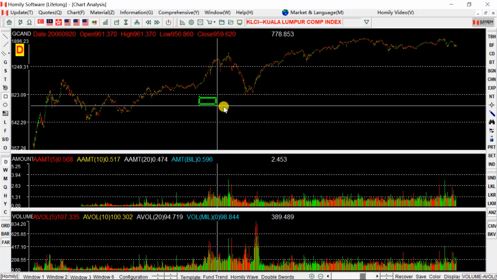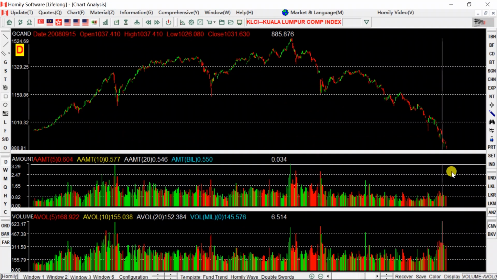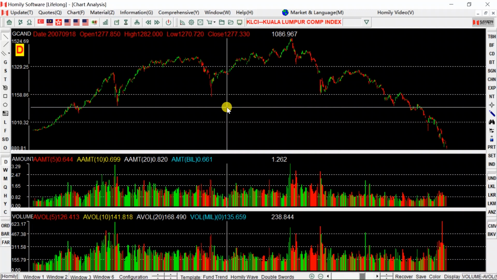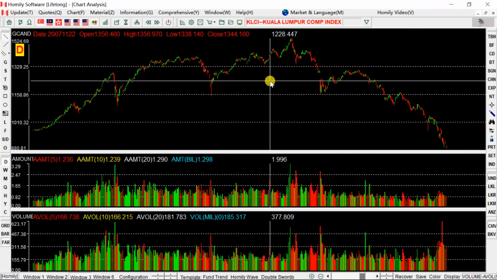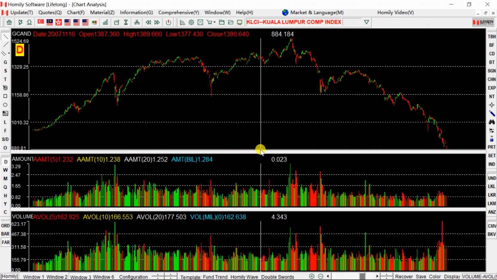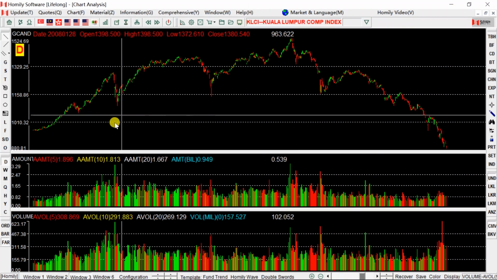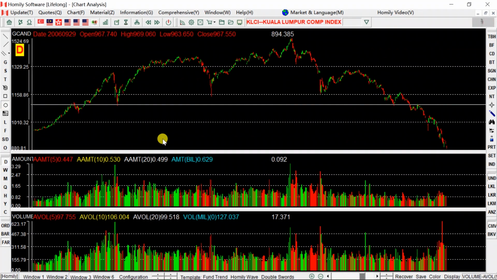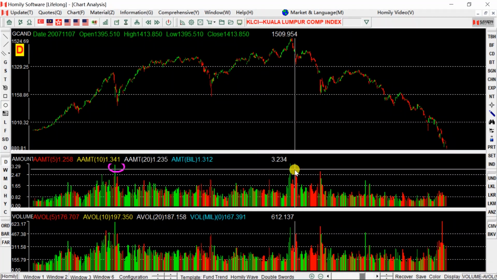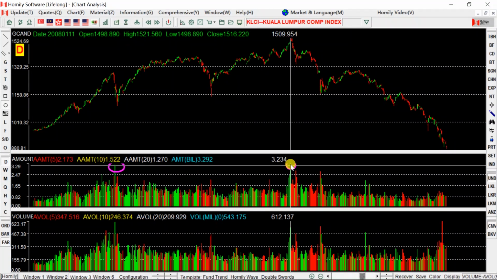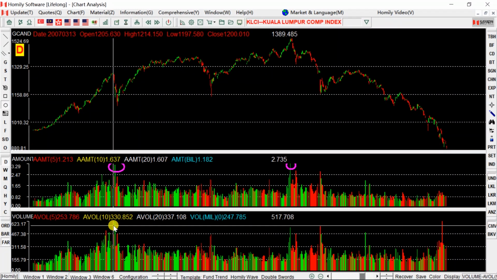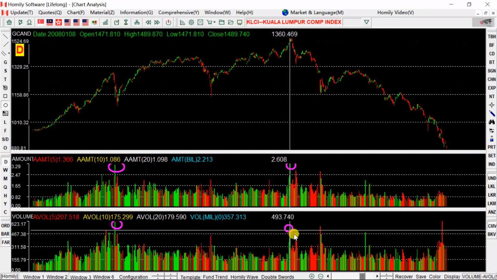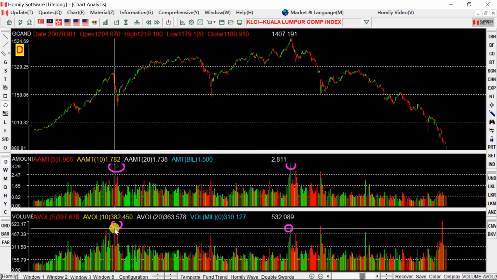If we see this period, we'll find another sign. At the top of the index, there's often a small volume, but the amount is enlarged. If we compare this column to this column, we find the amount is higher than this column, but the trading volume is smaller than the previous volume.